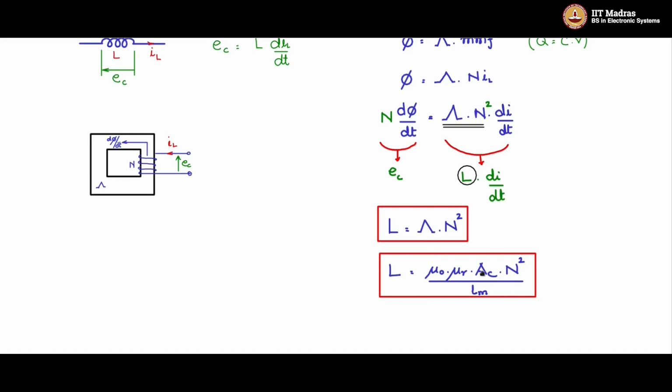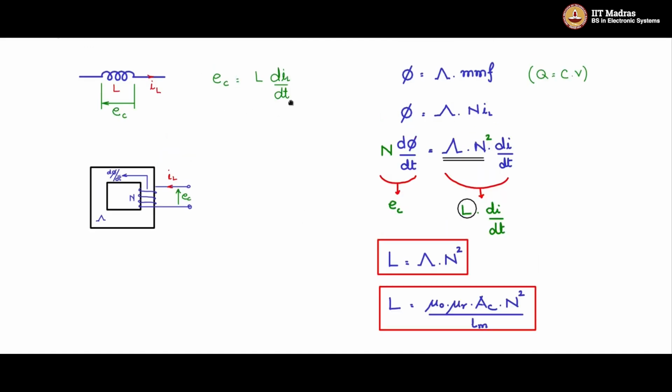So this is one way of getting the L from the physical magnetic properties and the physical properties. The other way is to get from L dIL by dt, which we obtained from the electrical requirements of the converter. So these two we have to map and match to fabricate the inductor. Of course, let us see how we will go about doing it, some more fundamentals, and then we can design the inductor.